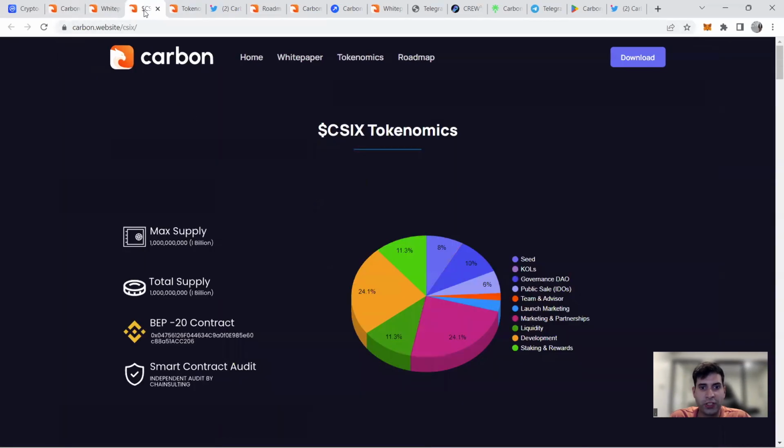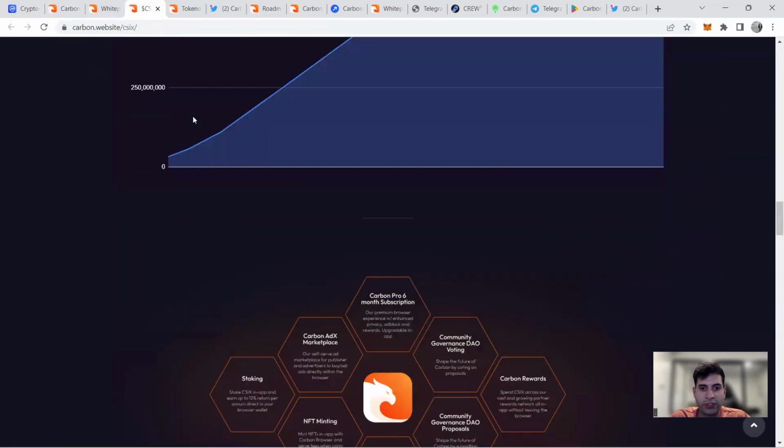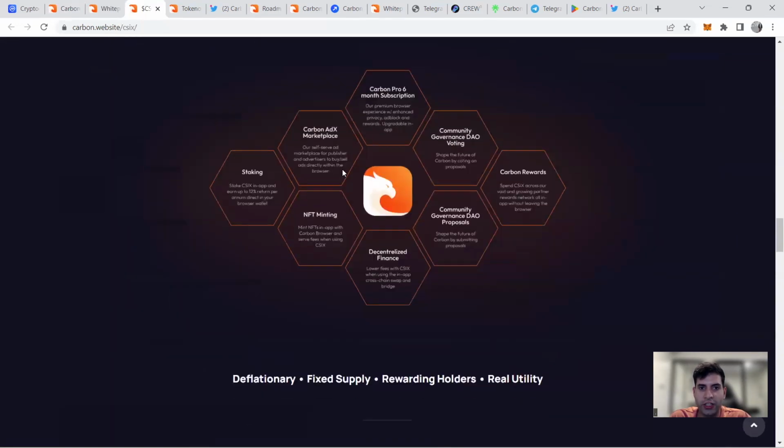Now, there are a lot of token utilities. If you summarize what token utilities the project has, it has the Carbon Pro subscription. By subscribing to the browser, you get amazing support in terms of ad blocking and also enhanced privacy, and probably a better reward mechanism. You have the marketplace, which is a self-serve marketplace for publishers and advertisers to buy and sell ads within the browser.